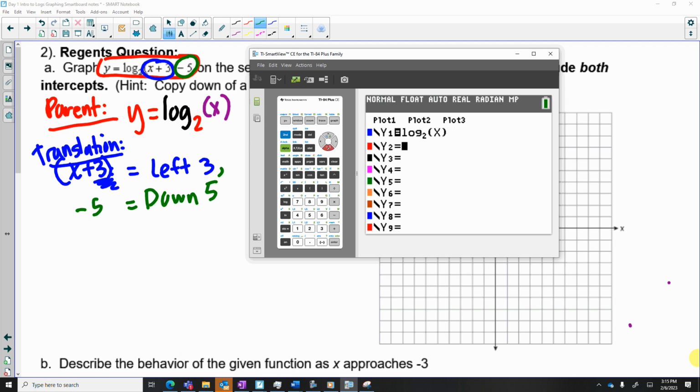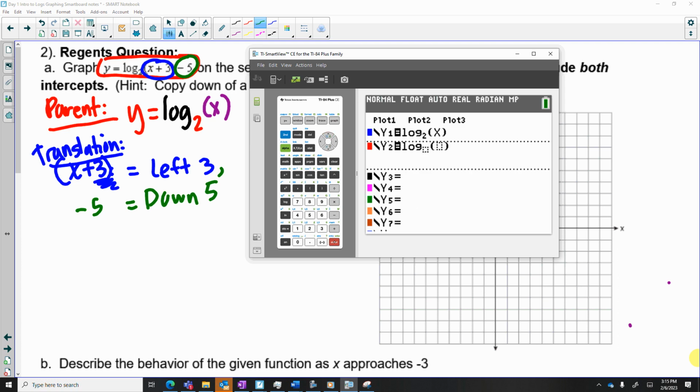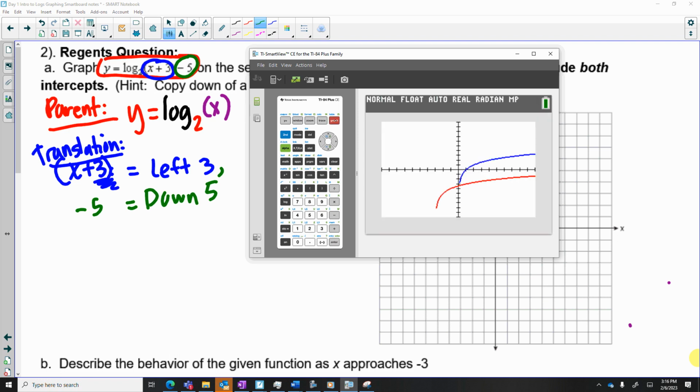So in Y2, I'm going to press MATH, choose logBASE, letter A, still put in the same base 2, but within the parentheses, type in x + 3, and then arrow to the right, and then minus 5 in the back. So this is going to be the transformed function, left 3 and down 5. If you hit graph, you'll see indeed it did move left and down. So we're actually looking at this red function here, not the blue one. The blue one is just the original parent function.